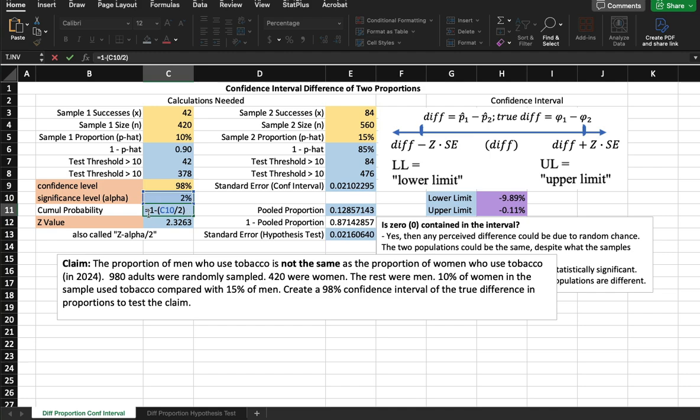So inside cell C11, you're going to type equals 1 minus, parenthesis, C10 divided by 2, close parenthesis. So that's your alpha divided by 2, by the way. Which is basically 100% minus our alpha divided by 2%.